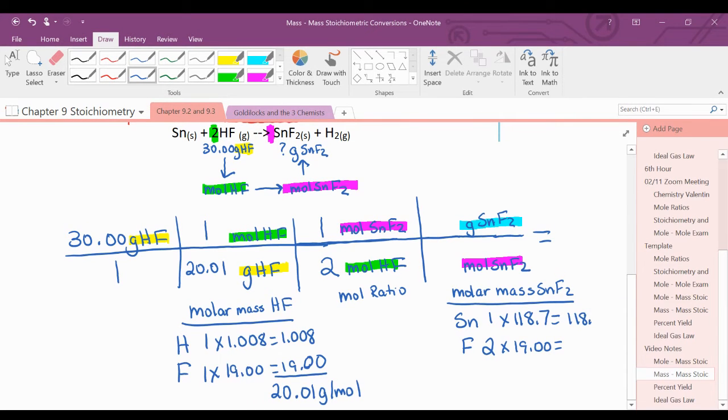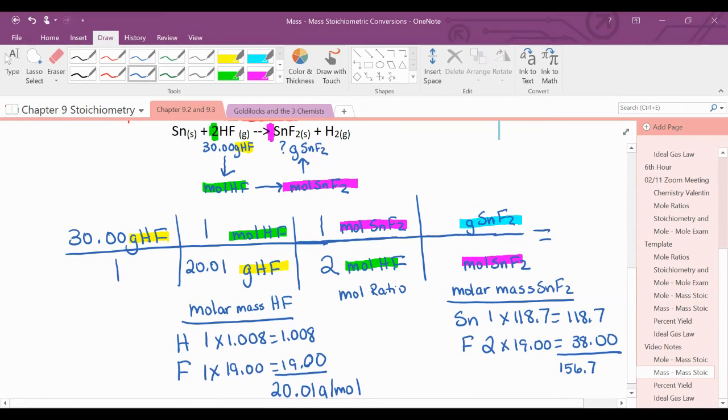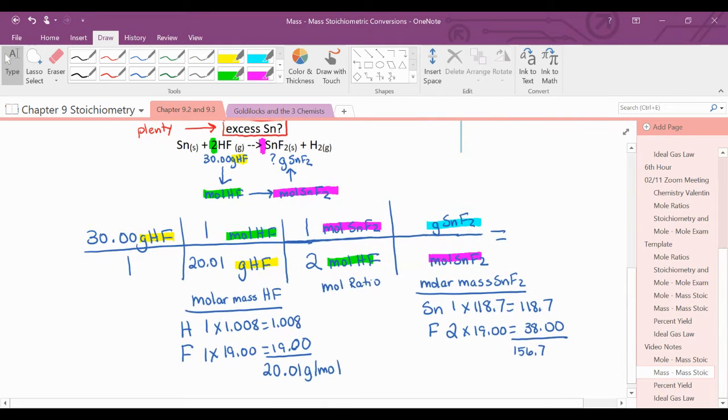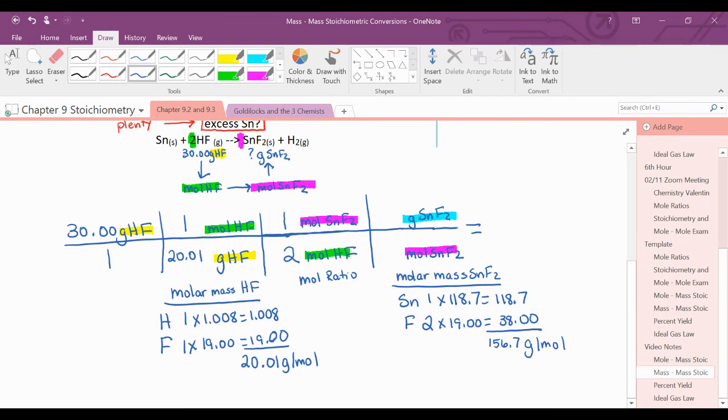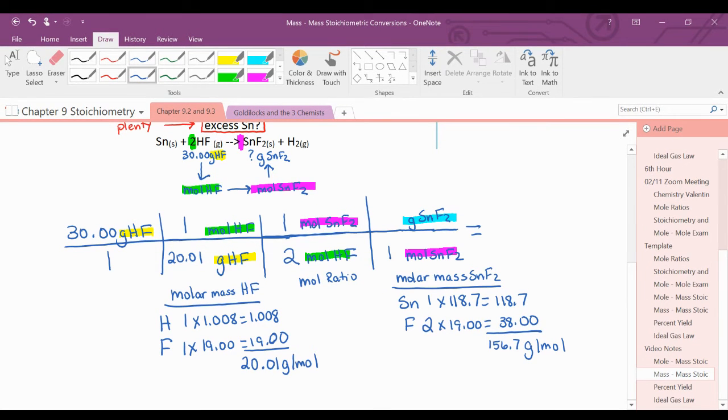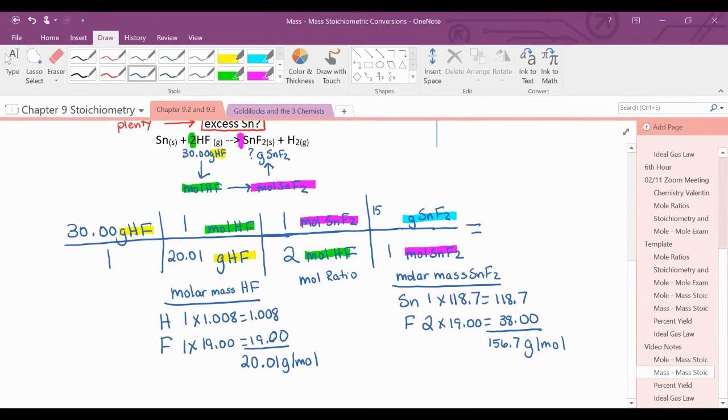Multiply. And then add, and remember it's the least number of places behind the decimal point for sig figs. So 1 mole of tin 2 fluoride is 156.7 grams.